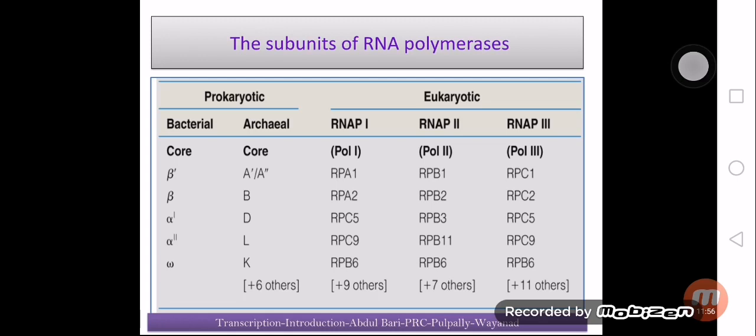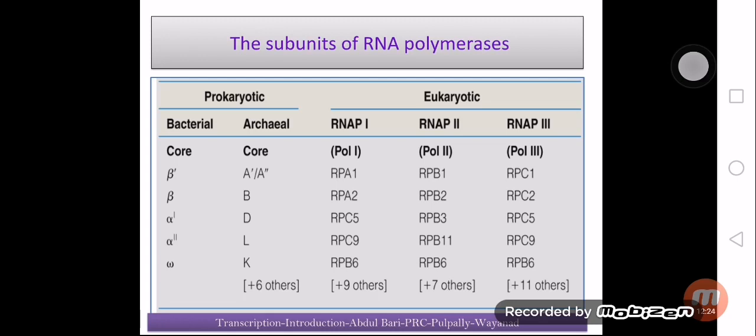So these are certain comparisons of the structural details. You can see homologous regions are present in all the systems, like archaea and eukaryotes. You can see the beta dash, beta, alpha and other subunits, and the comparative or homologous subunits in the eukaryotic system and archaebacterial system, right? Of which the beta dash subunit is important, just like the RPB1 subunit of RNA polymerase 2.